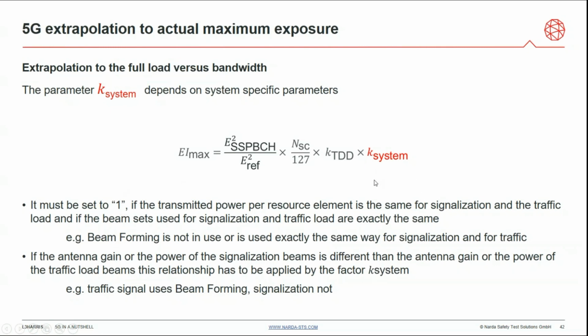But if we have this beam forming, then the ratio between the broadcast beam power and the traffic beam power needs to be put in here as the K system, as the special system value. So if the antenna gain or the power of the signalization beam is different than the antenna gain or the power of the traffic load, then this factor K system needs to be applied.